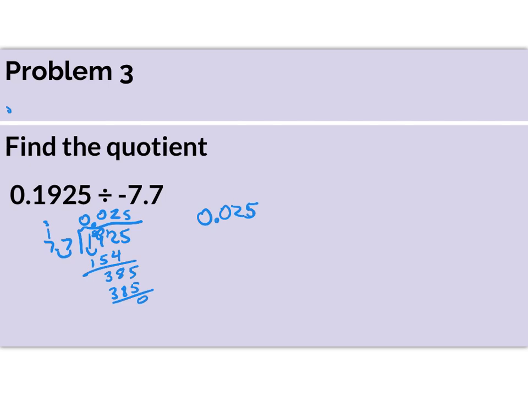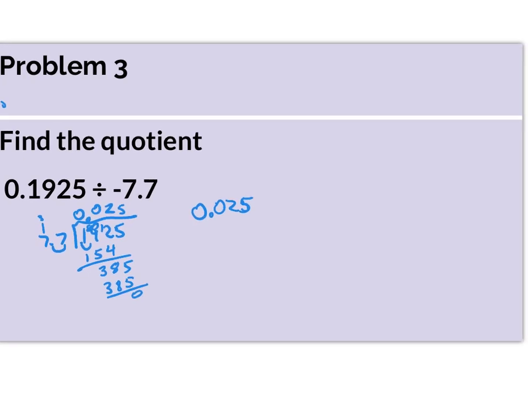It's a lot to do, and I get that, but if you follow the rules and do things in an orderly manner the same way every time, you will get consistent answers. Okay? And you can always check your work by multiplying 7.7 and 0.25 and see if you come up with 19.25. And look at it. I forgot. We had a negative here. We had a negative right here. So don't forget your signs. Pay attention to your integers.